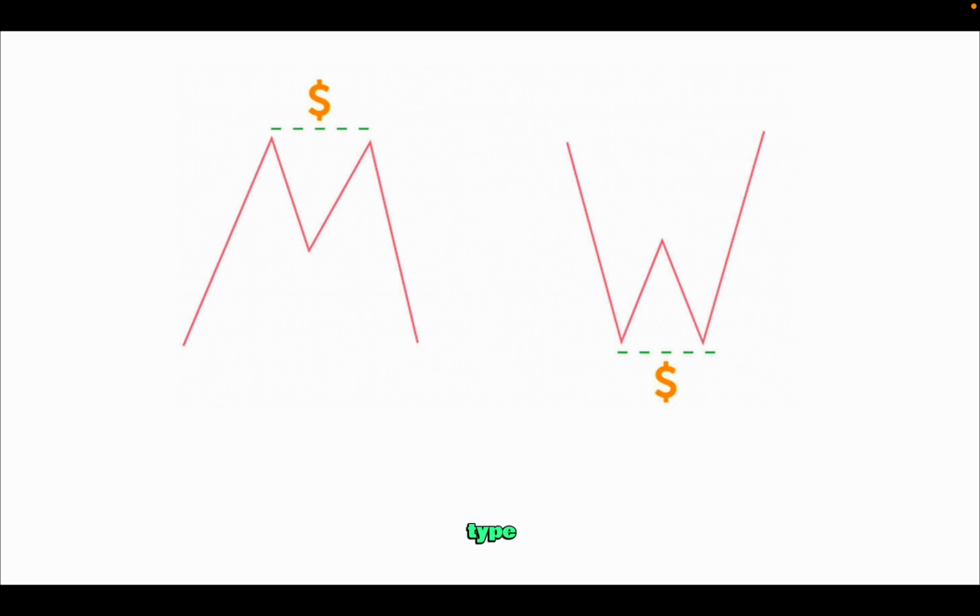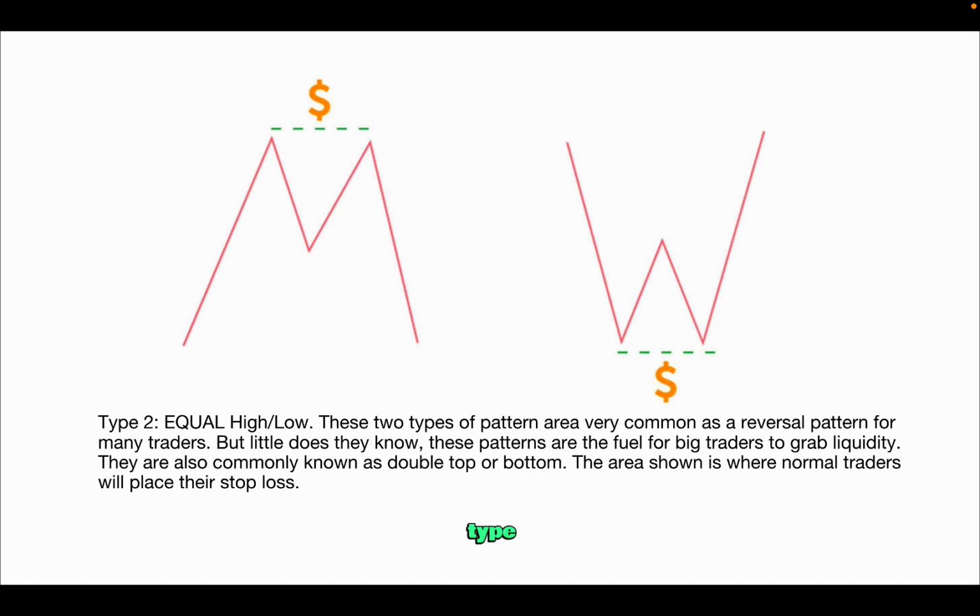And the second type is the equal low and the equal high. Alright, so when we call it a double bottom, double top, or triple bottom, triple top as well. This is the second type of pattern, quite common as a reversal pattern for many traders. But this pattern is also a field for the big traders to grab the liquidity.